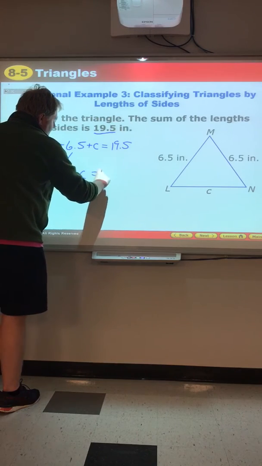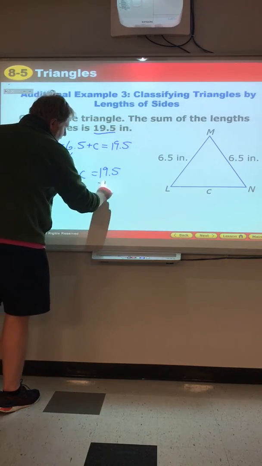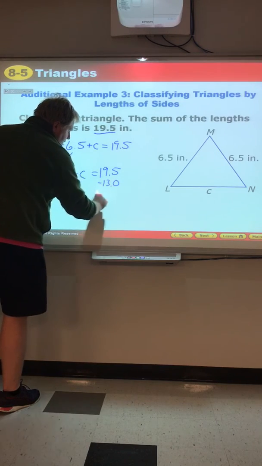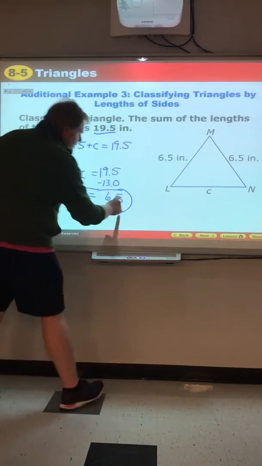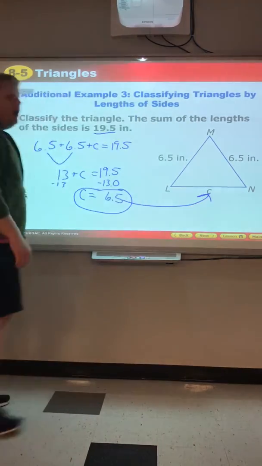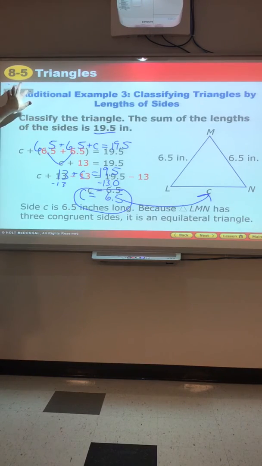Plus C equals 19.5. Minus 13. Minus 13. Don't forget your decimals and whatnot and so forth. All right. This guy's 6.5. All the sides are the same. It's an equilateral triangle. Oh, good job, ladies and gentlemen.